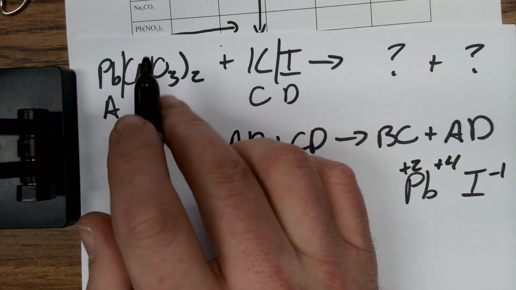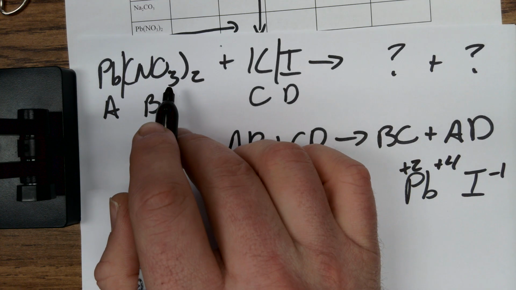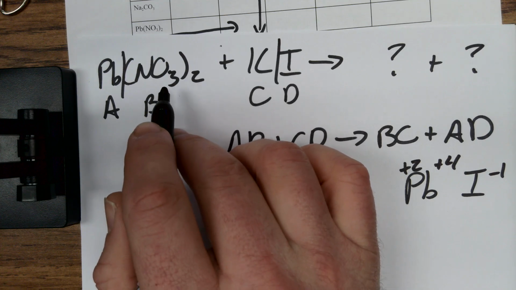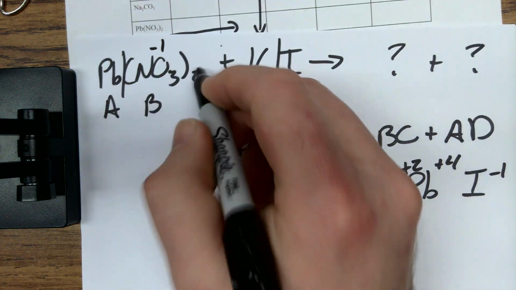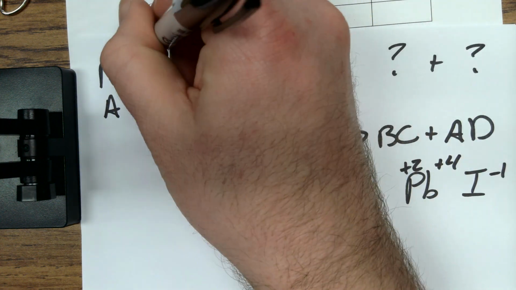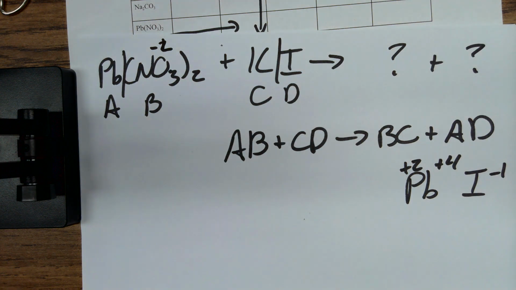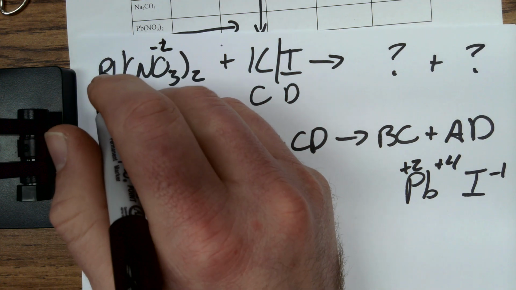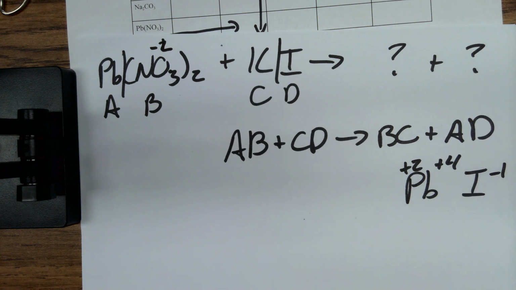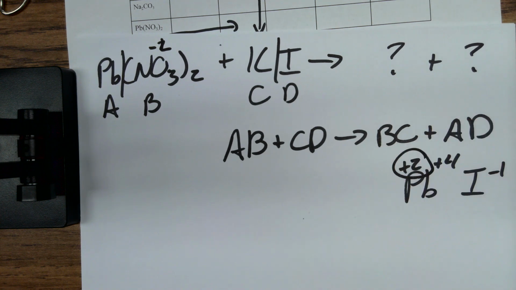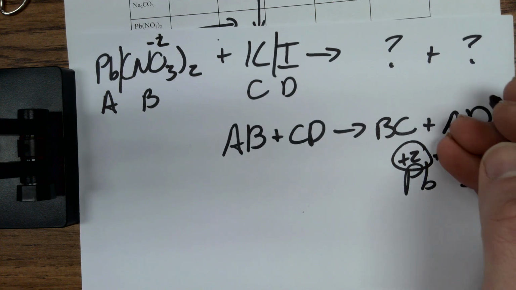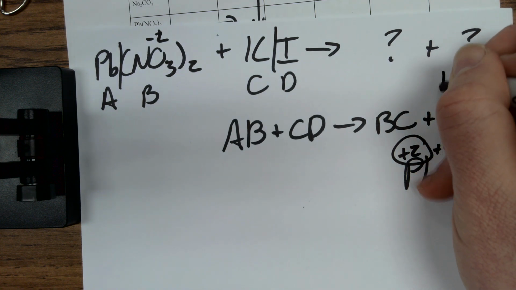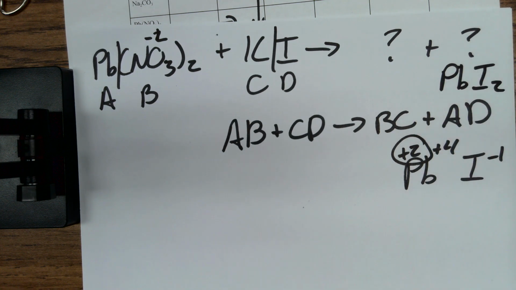We said that nitrate had a -1 or a -2 charge. Which one does nitrate have? A -1 charge. There are two of them. So that means I have a -2 charge on the anion. What must my lead be to cancel out that charge? A +2 or +4? +2. Do my +2 and my -1 cancel each other out? No. What do I need more of? I need another iodine. So my first combination, my first answer, is lead iodide.